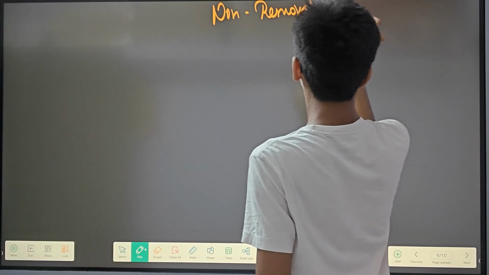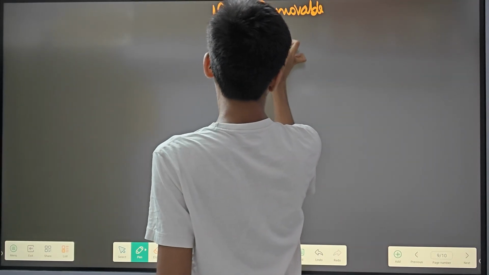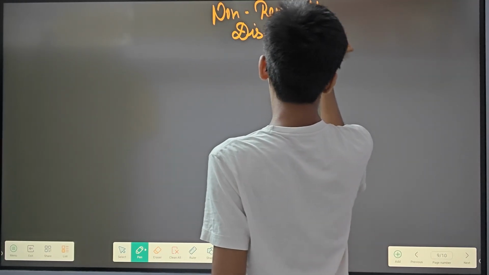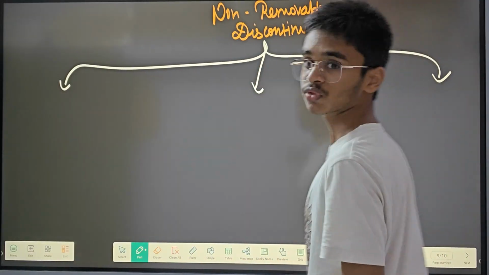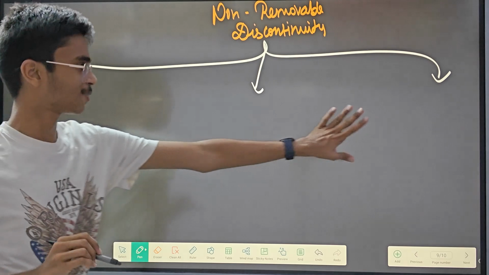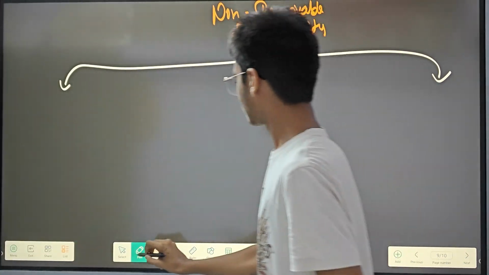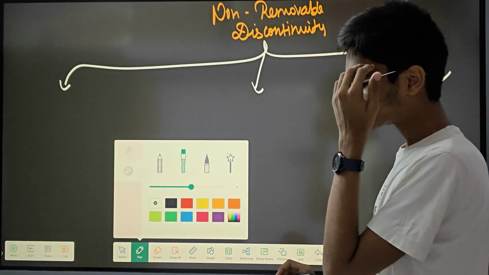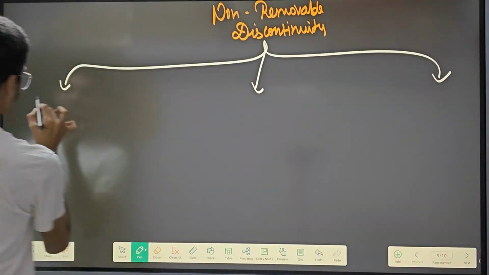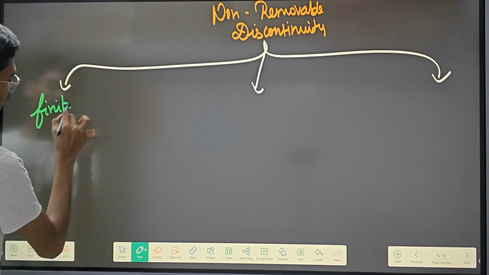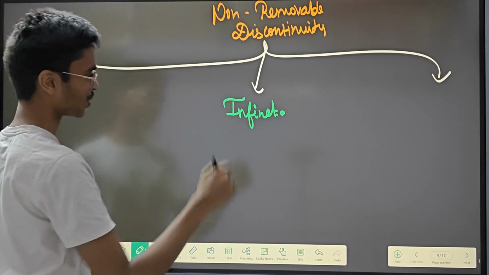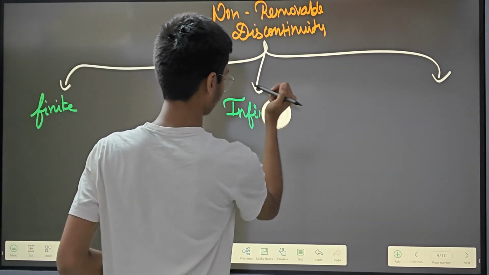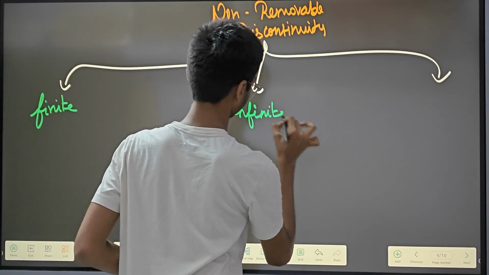Non-removable discontinuity. What is it going to be? It is actually of three different cases. First is finite, infinite, and oscillatory. Oscillatory is very special. Okay, so finite, infinite.